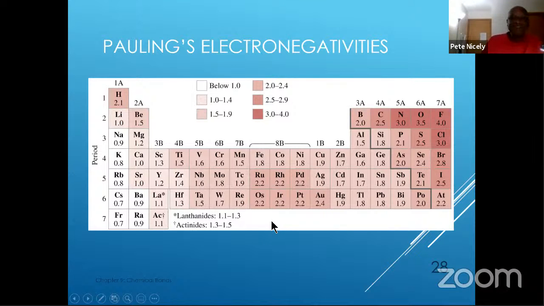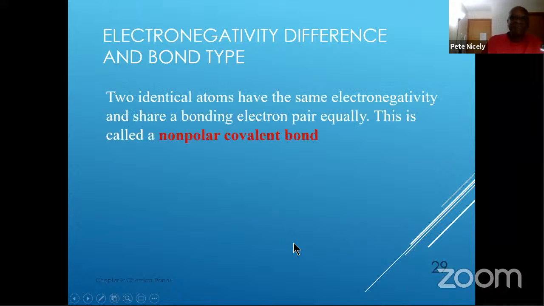Now this concept will become important when we look at certain properties exhibited by molecules. But before we get to that, let's look at some definitions here. If you have two identical atoms that have the same electronegativity, what that means is that they will both attract the shared electrons equally, right?